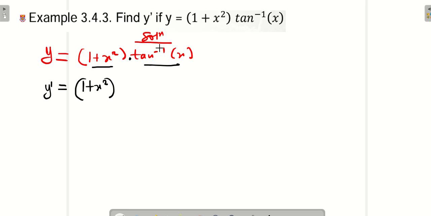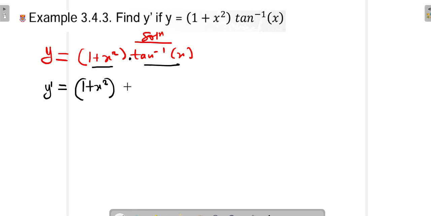Then you differentiate this. Remember that the derivative of the inverse tan function is given as 1 over 1 plus x squared.